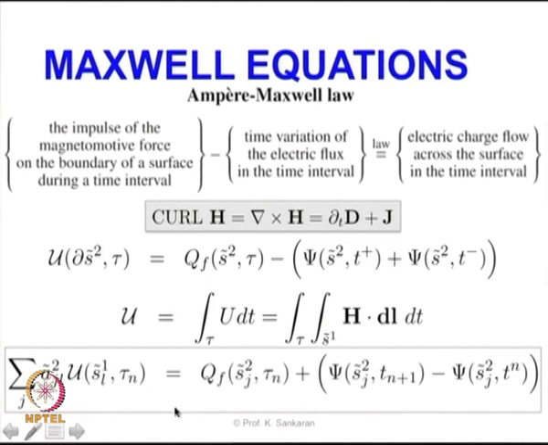So the J will become the charge flow component here, and the dD by dt will become the electric flux component like we did for the earlier case. And on the right hand side we will have the time integrated value of the magnetomotance, which is given here, and you have got the value for the curl, which is the boundary operator on the dual space.